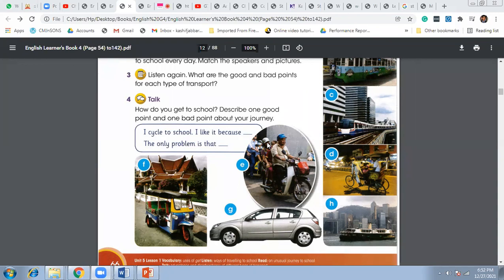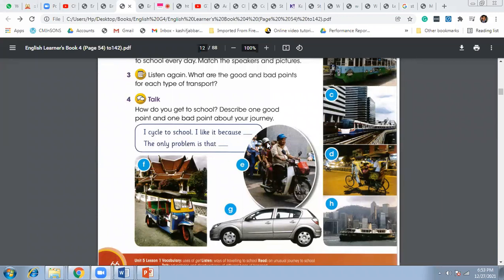So what is your favorite transport? You see these pictures? G. G is your favorite.